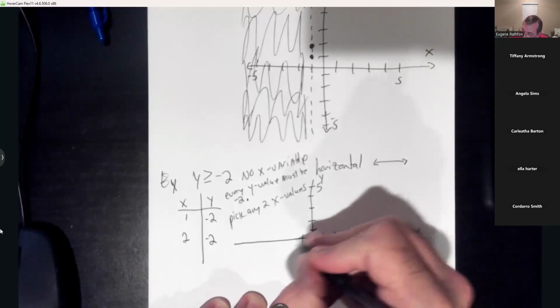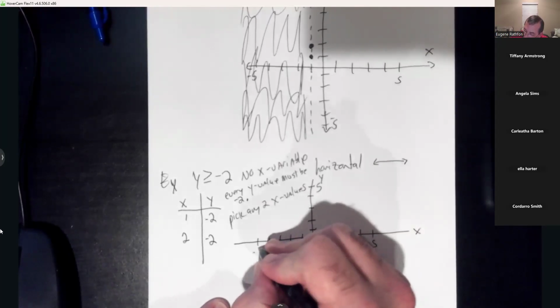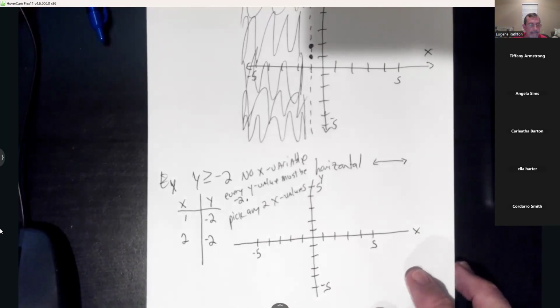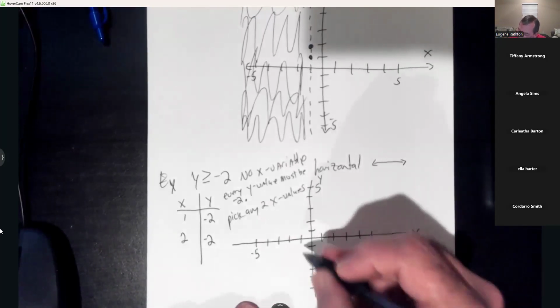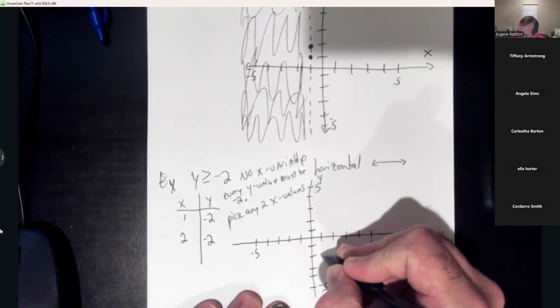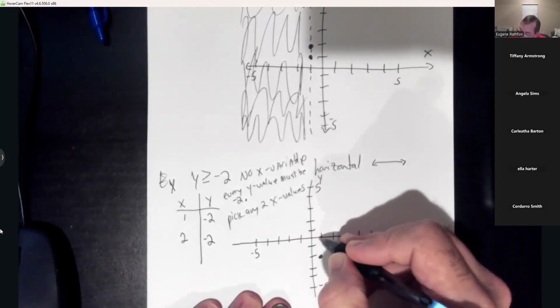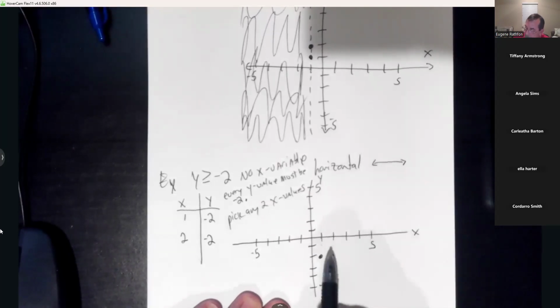And then where will I shade this one, above or below? Okay, y'all are saying above. So let's see. So we got 1 down to -2. I got 2, -2. So see, it don't matter about them x's.